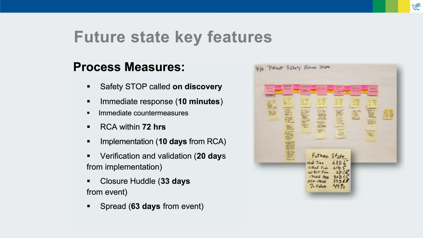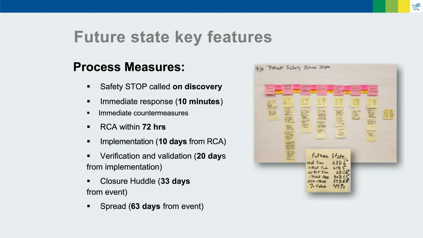In our clinics, we have a designated administrator on call and the manager. They're also the secondary response team. We committed to having a root cause analysis, if we decided to do one based on the event, within 72 hours. We would implement the action plan within 10 days of the root cause analysis, and verify that the implementation had actually occurred and validate that it was accomplishing what we intended within 20 days of implementation.